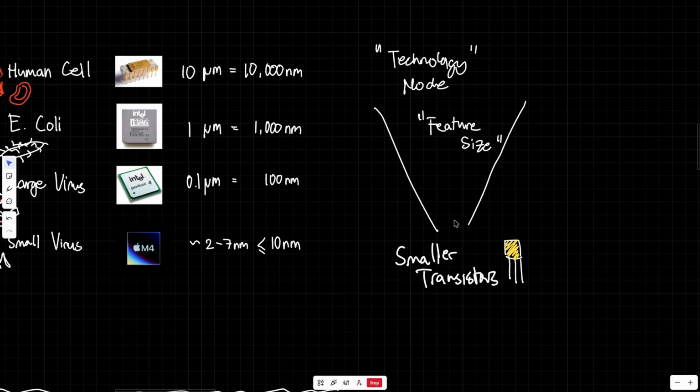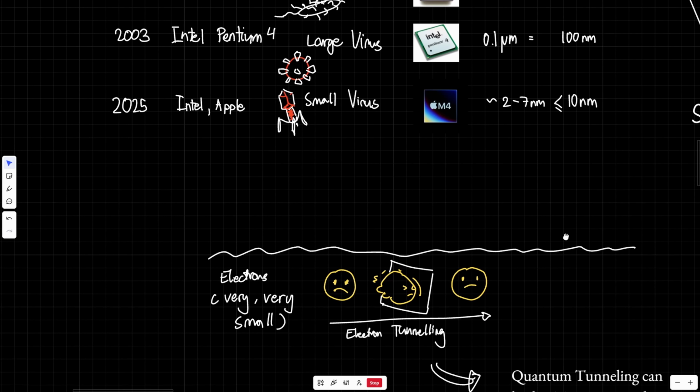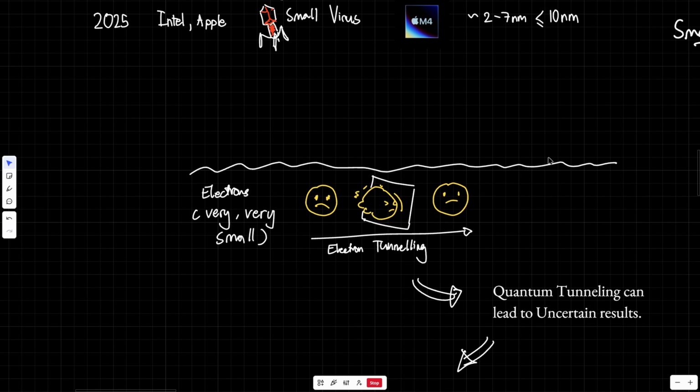We can see it right here, like this graph pointing downward. And based on this pattern, we can see a dead end on the wall, because at some point, you're going to have to reach the size of atoms and electrons. And what governs those worlds? That is quantum effects. The problem with quantum effects is that the nature of quantum matter is very fickle.